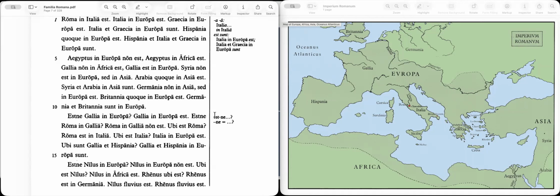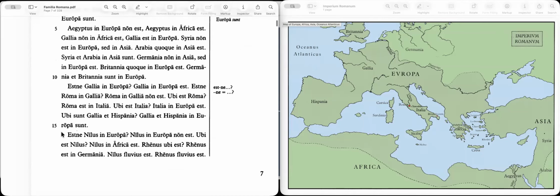So we stick do in front of a sentence to ask a question. Latin will stick the verb with the ne, and usually it is a yes or no question. But like English, we have more than yes or no, as you note. We have ubi est Roma. In English, where is Rome? Well, that's not a yes or no question, so that demands a different answer.